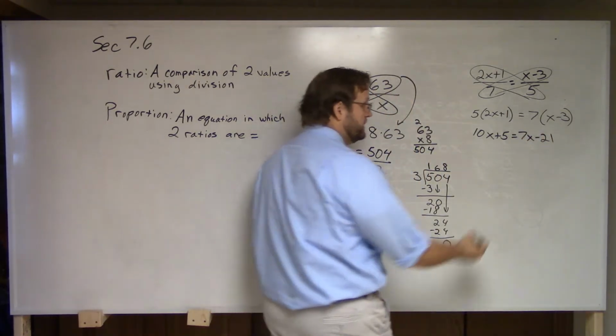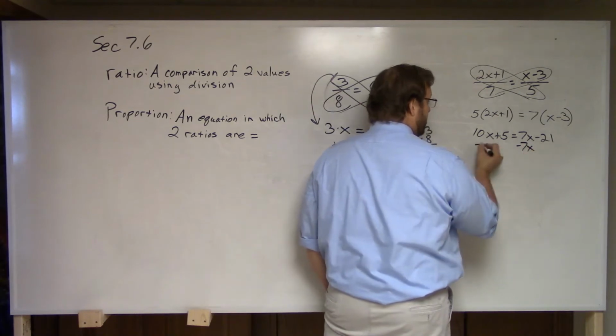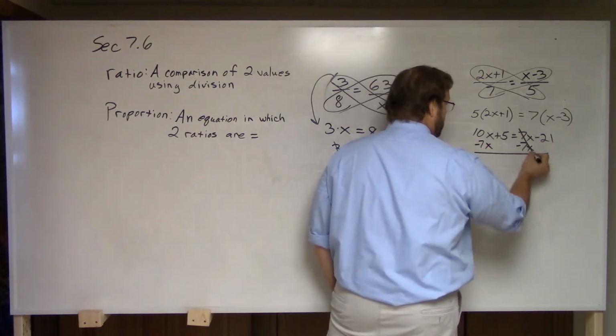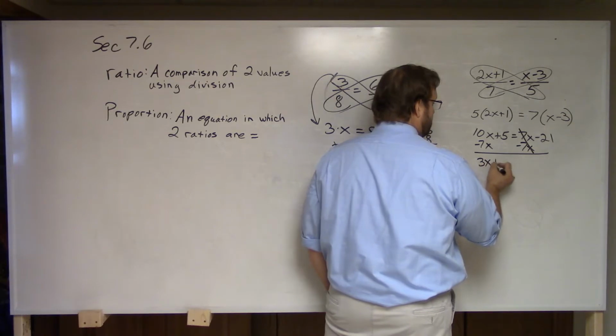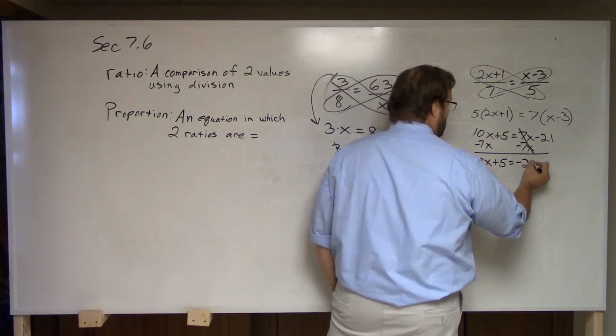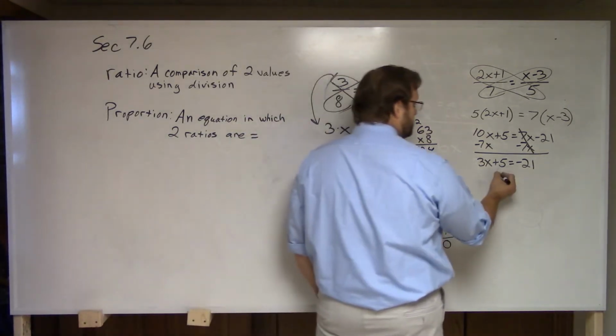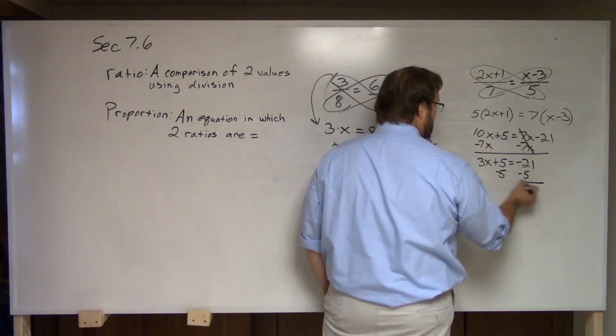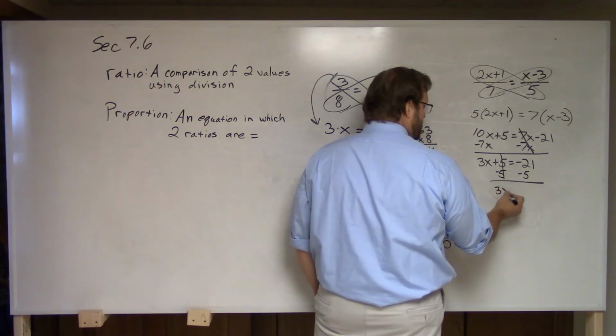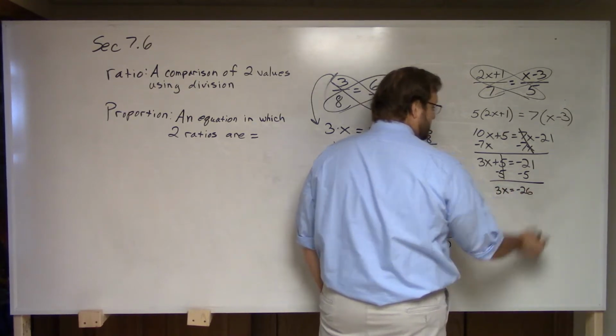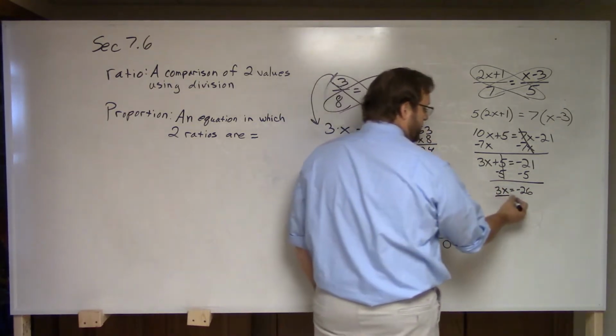And then solve from there. I'm going to subtract a 7x to get 3x plus 5 equals negative 21. I'm then going to subtract 5 to get 3x equals negative 26, and then divide by 3.